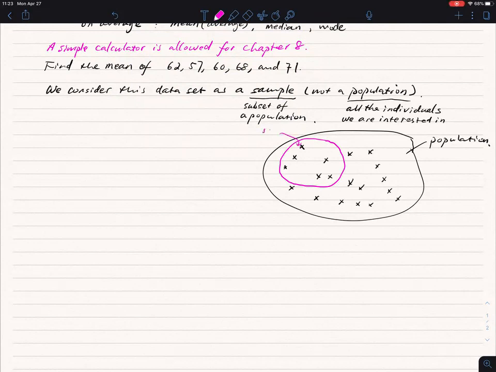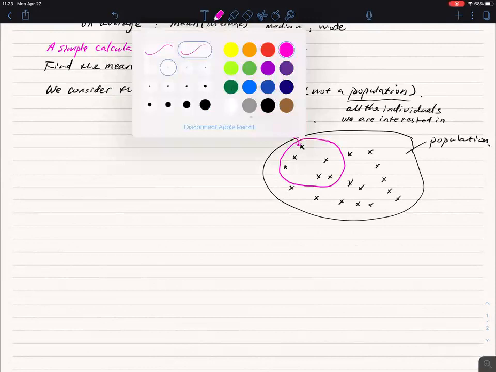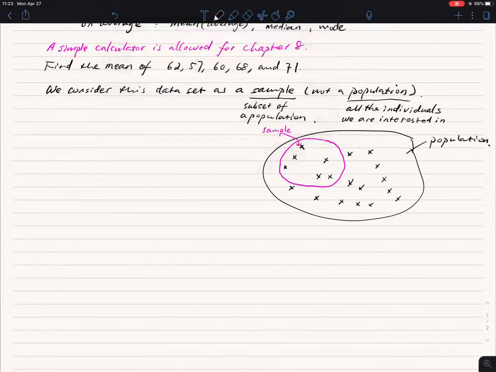The pink one is called a sample. So that's the relationship between sample and population. Here in this chapter, we assume the data sets given are all samples. But it makes no difference if you compute the sample mean or the population mean. For sample mean, we denote it as x bar.